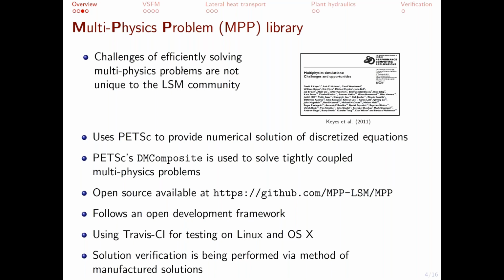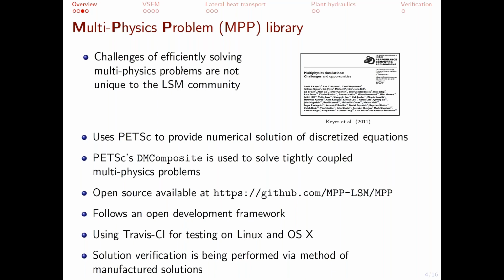In this work, we are using PETSc from Argonne National Lab to provide numerical solution of the discretized equation. Specifically, PETSc's DMComposite capability is very advantageous when you want to solve tightly coupled physics in an extensible fashion, and I will show an example of this later in the slides.